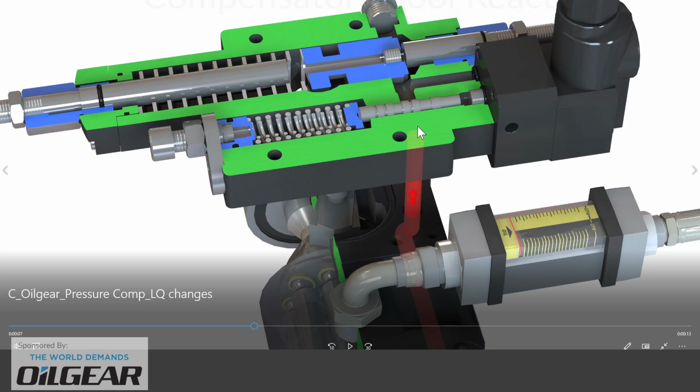Outlet oil pressure also travels past a smaller diameter land on the compensator spool and comes down to the end to act on the end of that spool as well, to push it against the spring setting that perhaps you dialed in for your desired maximum system pressure.